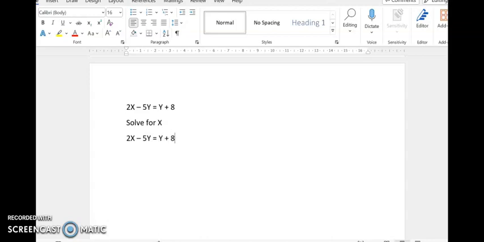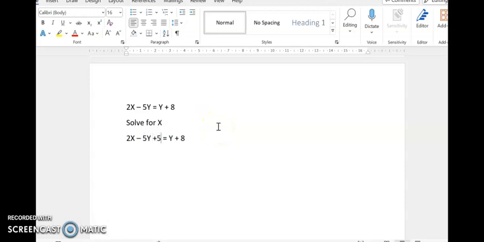Okay. So the first thing we want to do is get the y's from the left side over to the right side. Okay, so then it's got just the x, and it's still a 2 multiplied by, but we'll deal with that afterwards, but we'll get the y's over on the other side. So as always, how do I get rid of minus 5y?